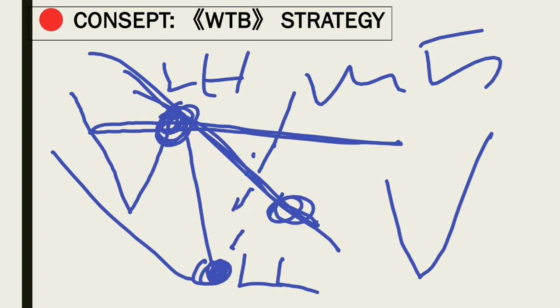When the market breaks the last lower high, we have to wait for the market to come back to test either this last lower high or the trend line. It can test both of these.